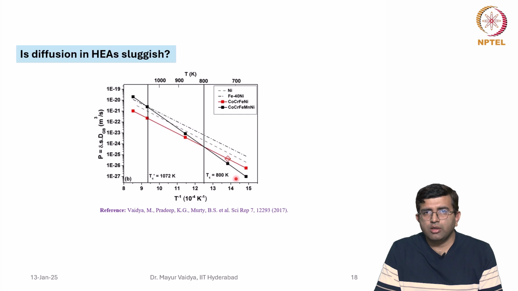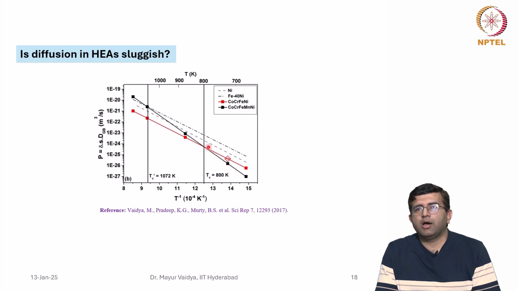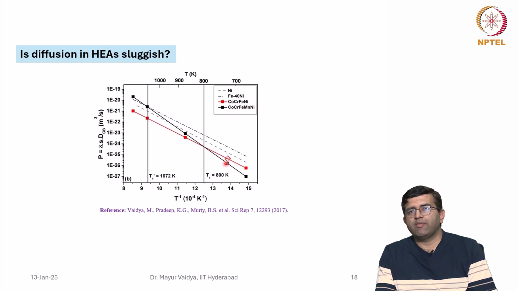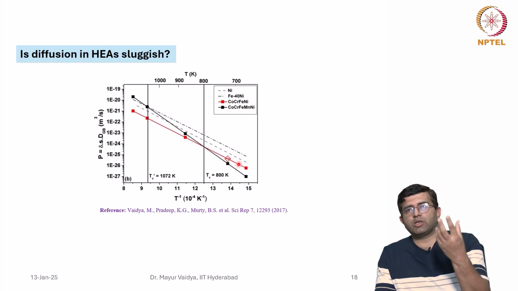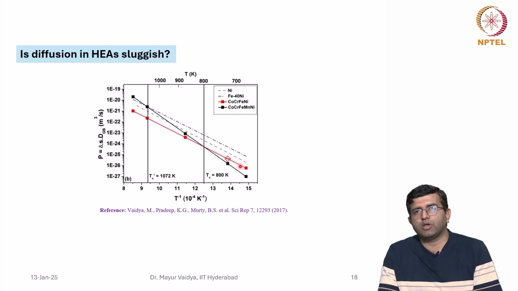You will see that there is a certain temperature below which the 5 component high entropy alloy has the lowest diffusivity. However, the reduction in diffusivity as compared to a 4 component alloy or even pure nickel is not very large, roughly of the order of 2 orders of magnitude.